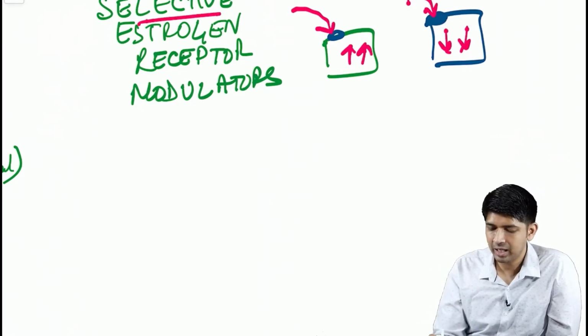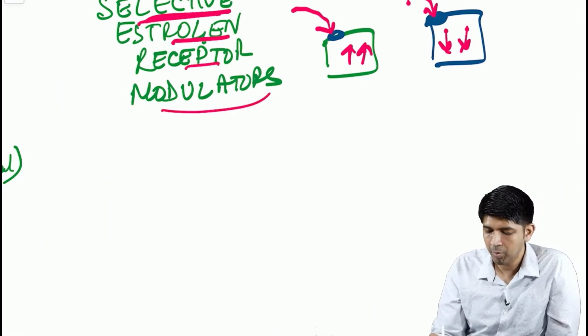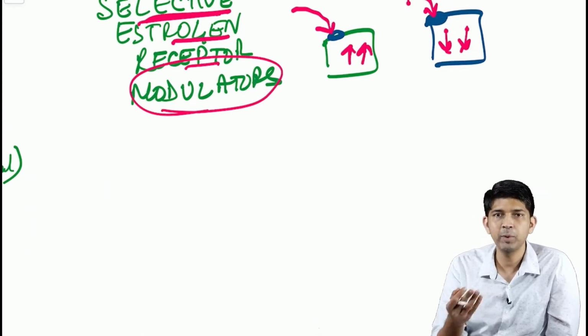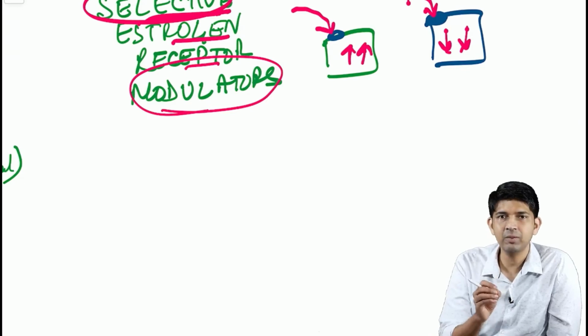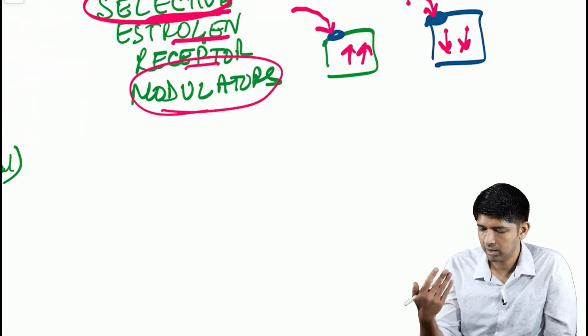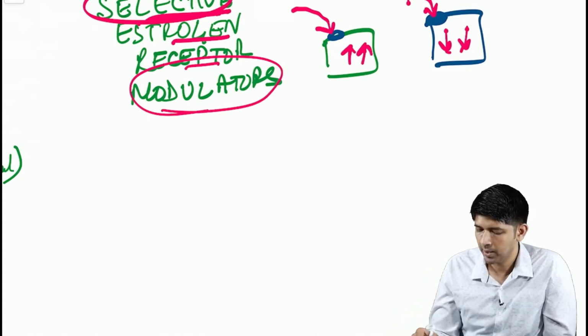It is selective: it is neither purely an inhibitor nor purely a stimulator. It can act as both depending on the site. So it is very selective as to where it acts as an inhibitor and where it acts as a stimulator.